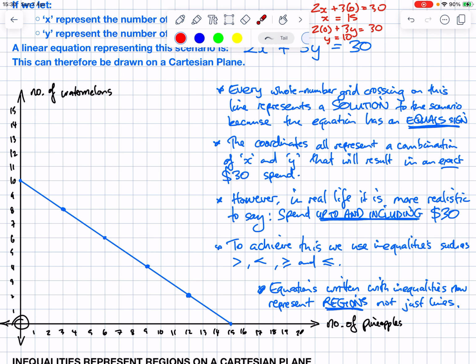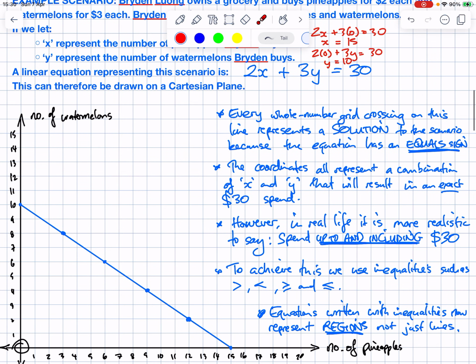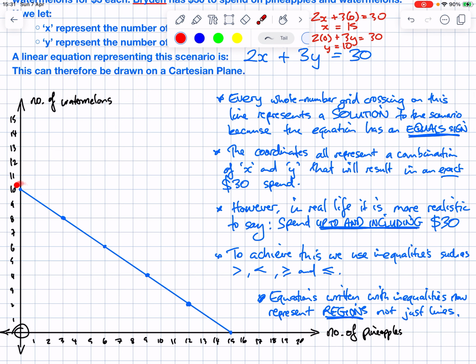Those coordinates all represent a combination of x and y that results in an exact $30 spend. So you can see here, if I buy 0 pineapples but 10 watermelons, 10 times 3, $30. I spent exactly $30. That's one solution. Here I bought 3 pineapples, which is 6, and 8 watermelons, which is 24. 6 plus 24, exactly $30 again. 6 pineapples, 6 times 2, 12, and 6 watermelons, 6 times 3, 18.